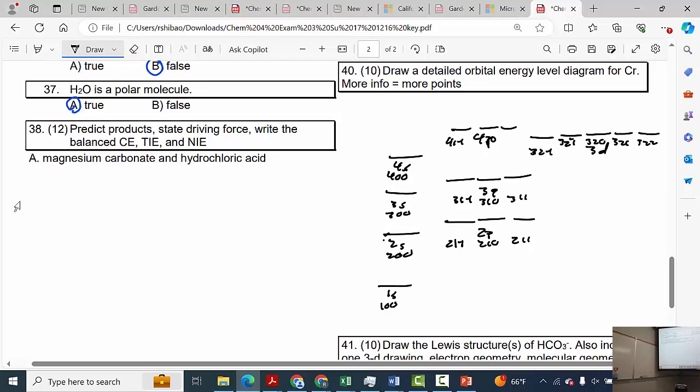The 4 P's are all supposed to be in the same line, but it's hard to draw with this.